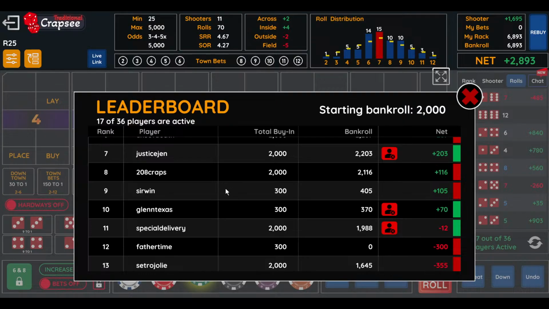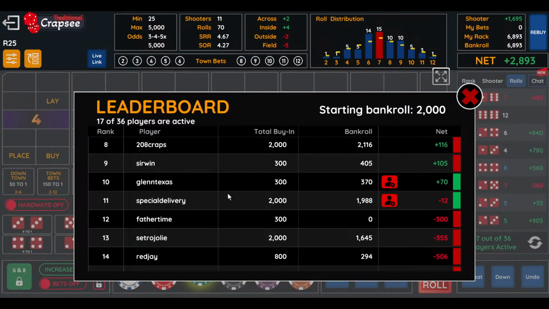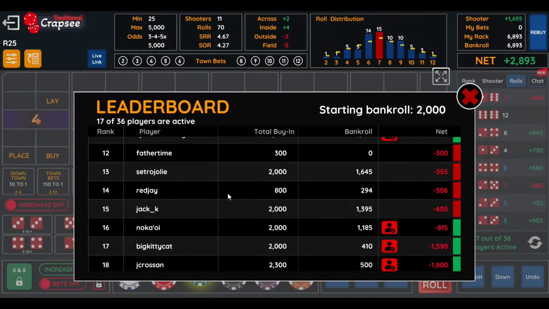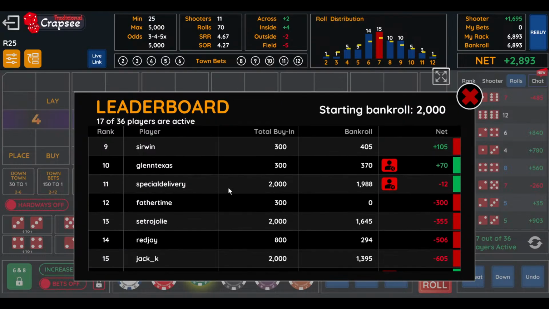Glen, Texas. Alright. That's, I don't know, 20%. 22. Teddy's up. No, he's down. $12. Not bad. Father Time. 1. Bankroll down. Cetra is down 2 from 2003.55. So yeah, basically we didn't do that well. 10 out of 36.